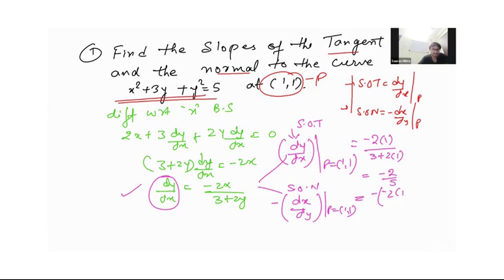We will write the reciprocal value with minus sign. So we will write 3 plus 2 into 1 upon minus 2 into 1. So you will get minus 5 upon minus 2. We will get our answer as 5 by 2. So this is our slope of a normal.